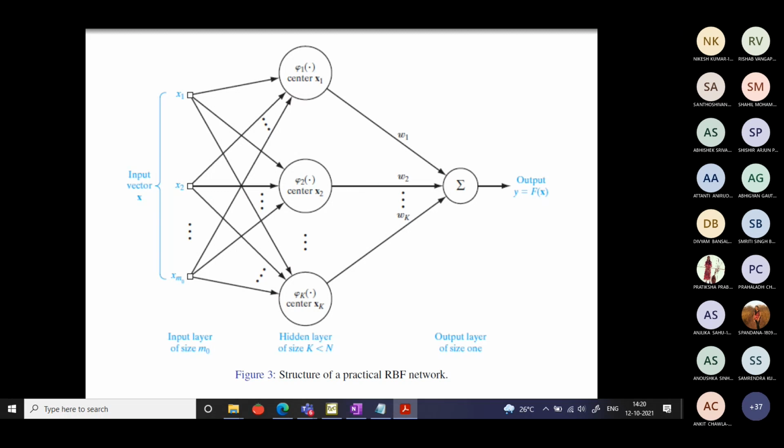Now the question comes, how do I choose k? Any guess? How do I choose k? If you have some idea, it's possible that, if the data points are there, I want to know whether there are any groupings, whether some data points belong to one particular group.